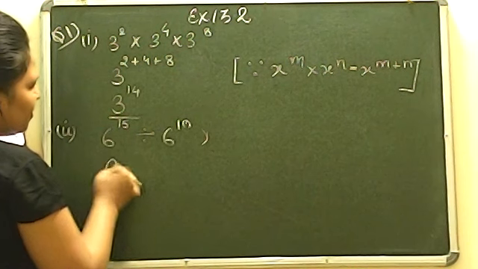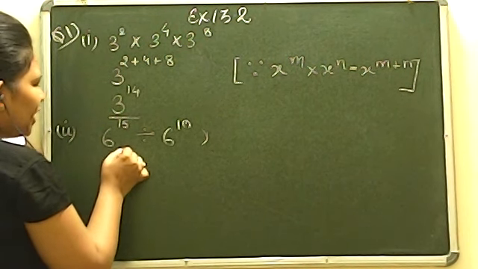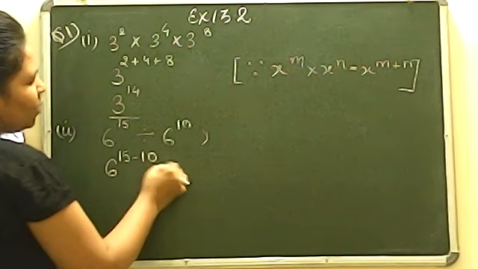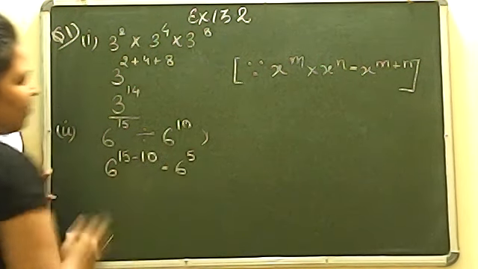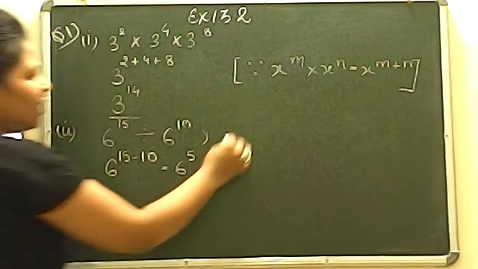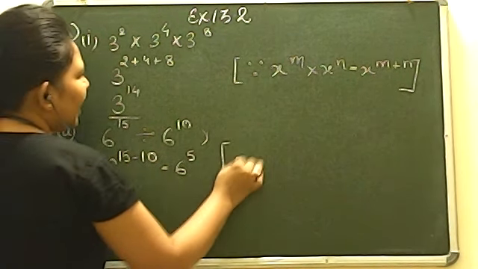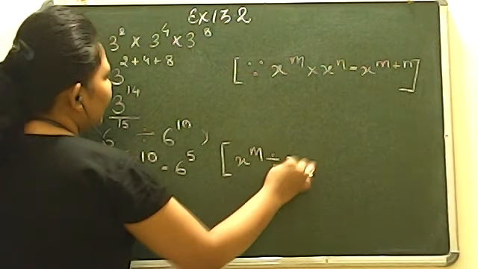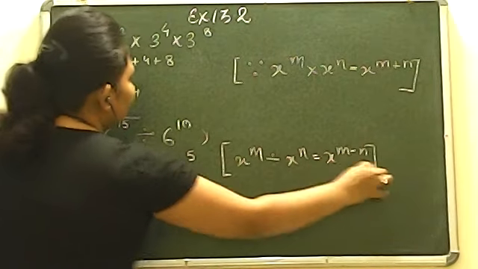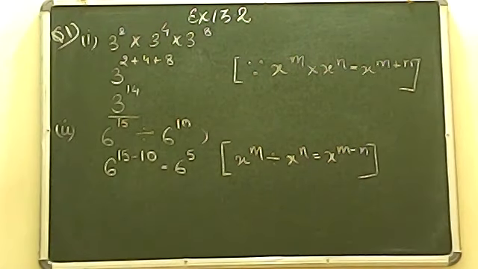Correct. 6 to the power 15 minus 10, which will give you 6 to the power 5. 15 minus 10, it will give you 5. Now, which law are we using? We'll write it down here. x to the power m divided by x to the power n is equal to x to the power m minus n. This is compulsory to mention, the law which we are using here.